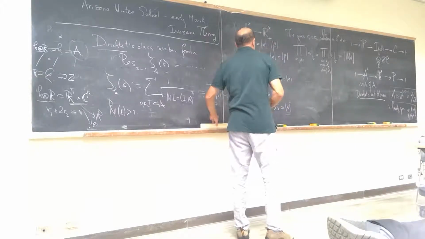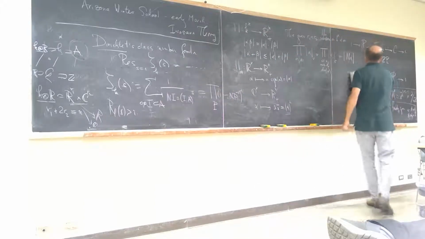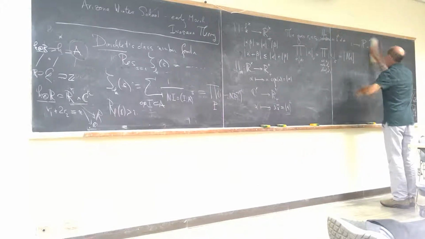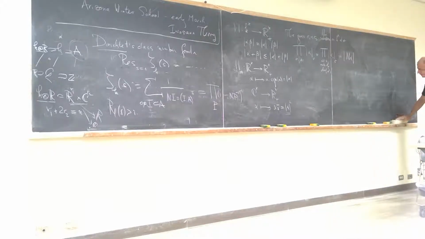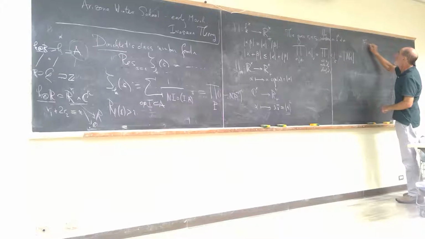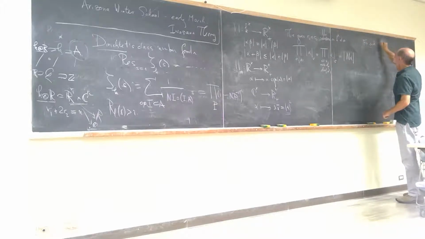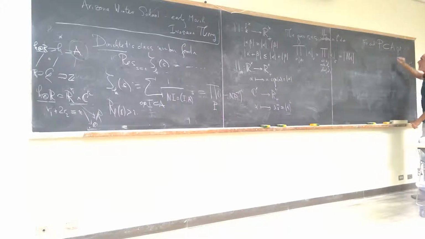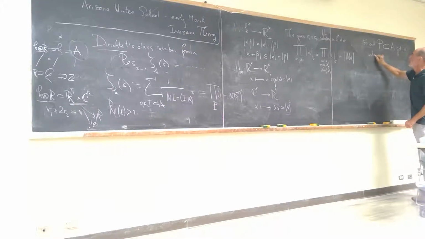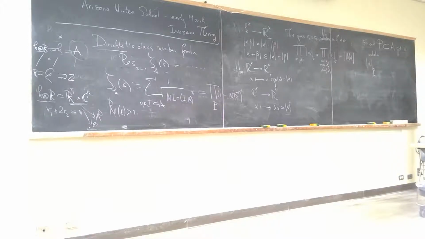Okay, but as I say, for number fields, there are more valuations that come from the different prime ideals. So for each prime ideal P in the ring of integers, you get a valuation which I'll call alpha sub P. And you might wonder why you do this definition, but you'll see in a second.